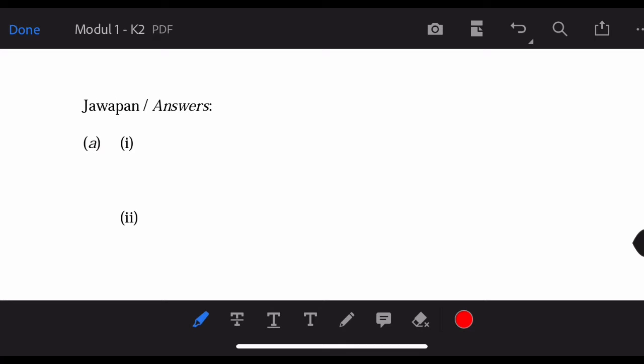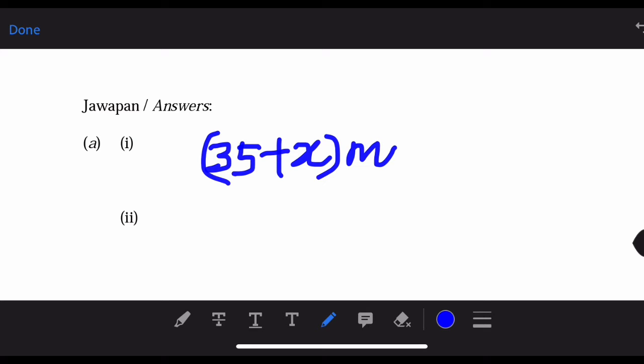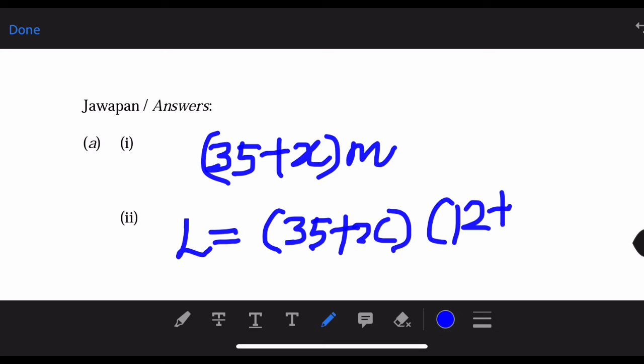So just now the answer for A is 35 plus X meter. And for the area of the rectangular land, we are asked to use the symbol L. So 35 plus X times 12 plus X.